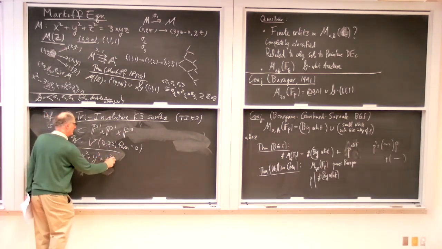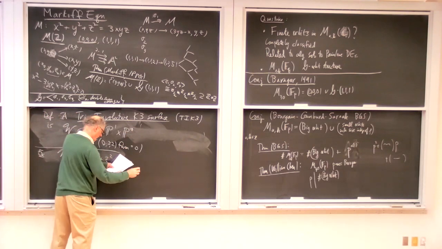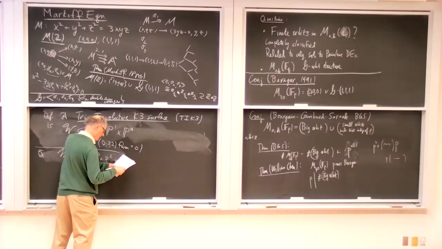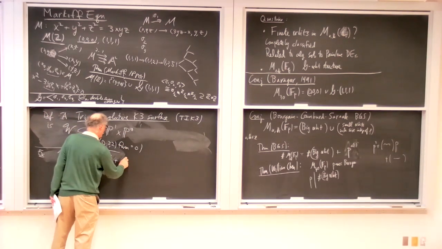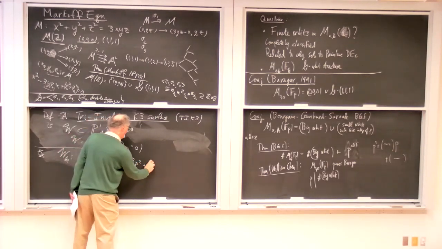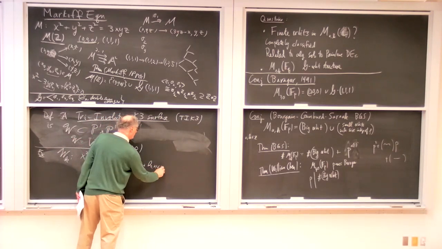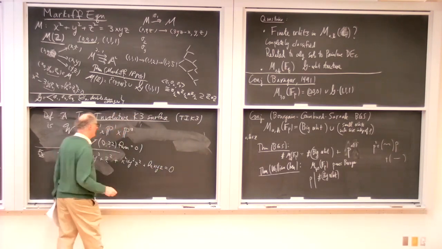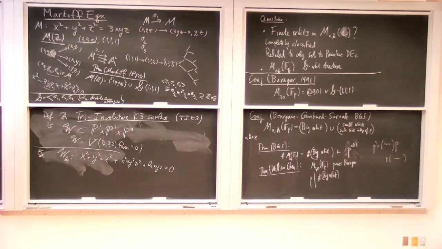actually, Markov-Hurwitz. Okay, so there's an example of one of these K3 surfaces, a one-parameter family.